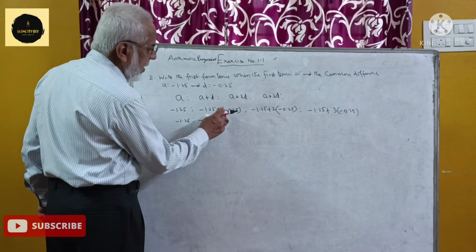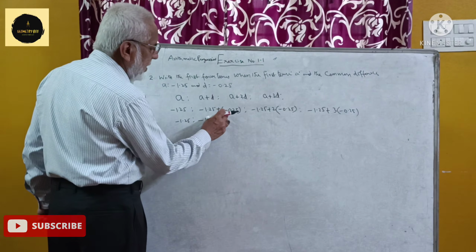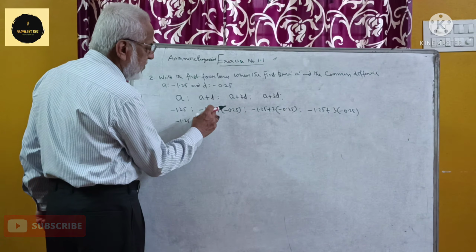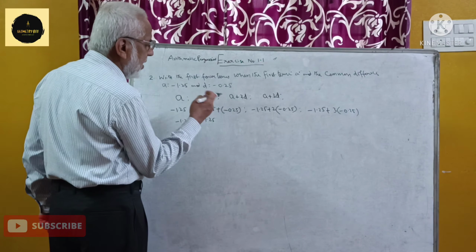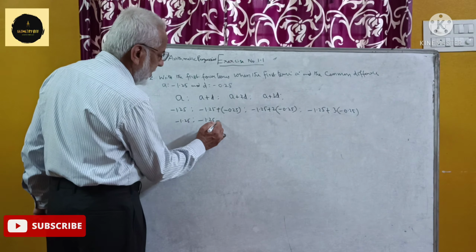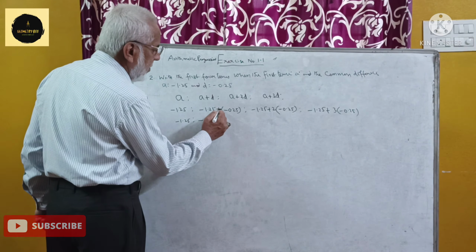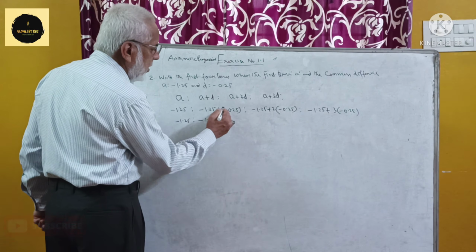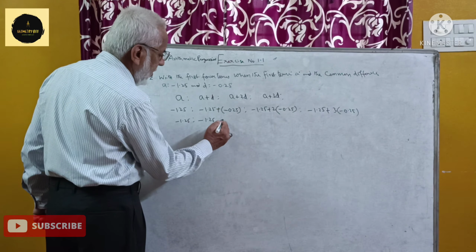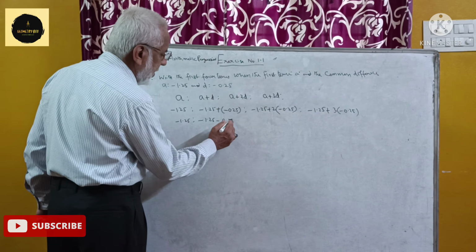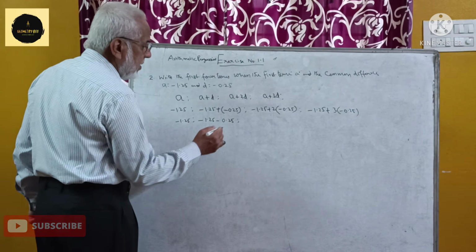Now here you have to remove the bracket, because minus 0.25 is under the bracket. First of all multiply the sign, then multiply the number. Plus into minus is minus. Here there is no number, so you imagine it is 1. 1 into 0.25 is 0.25, as it is.